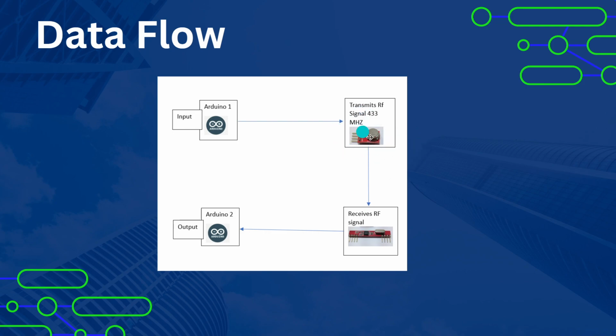Then they are forwarded to the RF receiver attached to the slave car. Then it provides information to Arduino board 2 of the slave car, and as a result, as the output, both cars start moving.